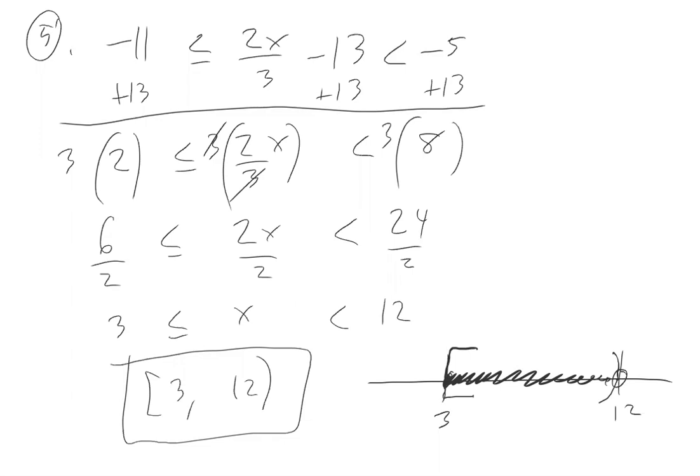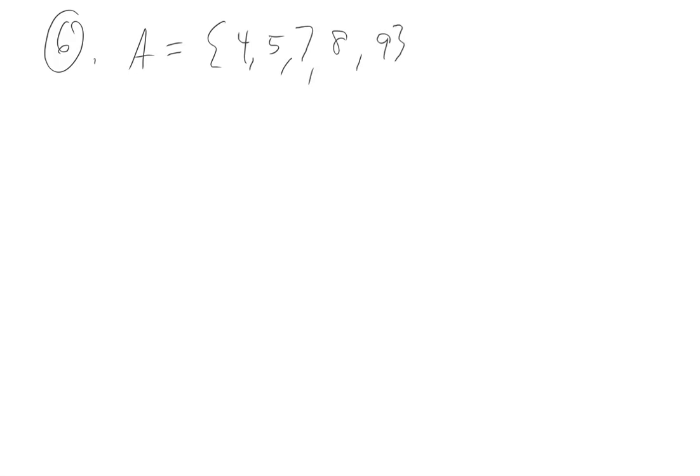Now, let's try problem 6. If set A equals 4, 5, 7, 8, 9, and if set B equals 0, 1, 3, 6, then it says find the set A union B. So that symbol right there means union.